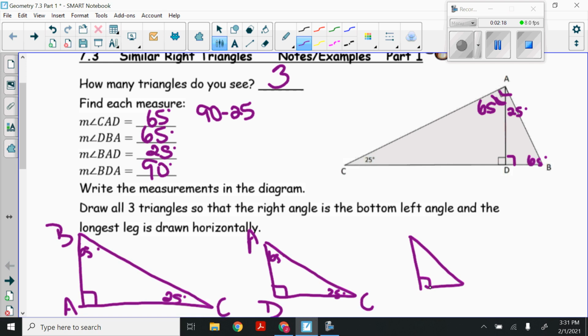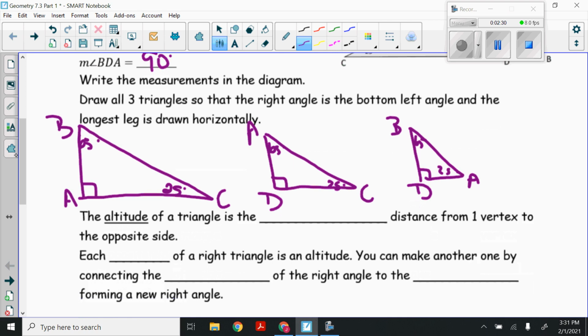So now the long side, okay, is DA, so this is DA, and this would be B up here, 65, 25. Notice all of my angles I have put in the corresponding areas, right? So the top angle in each of these is 65 degrees. The bottom left is all 90, and the bottom right is all 25.